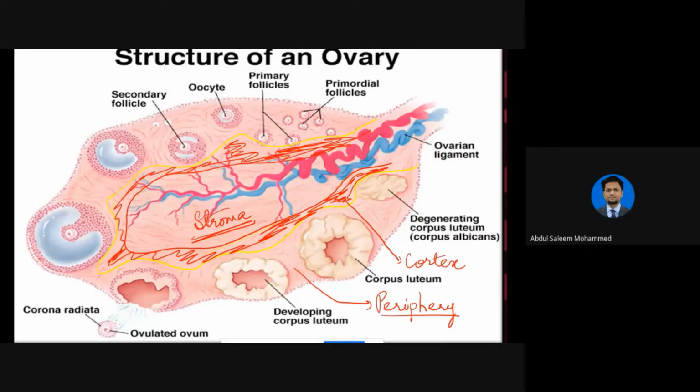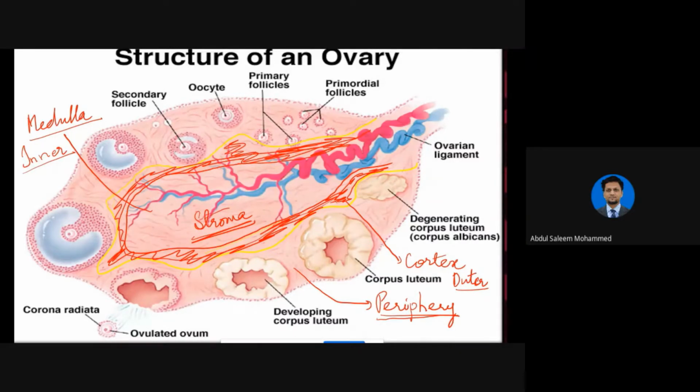And then within the stroma, internal to the cortex, you have the inner region of the stroma, which is known as the medullary region. It is known as medulla. So the cortex is the outer region of the stroma, and the medulla is the inner region of the stroma. With the help of these different regions, we can easily identify the different parts or structures present in the ovaries.